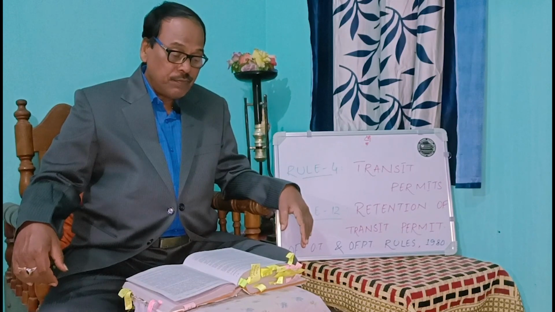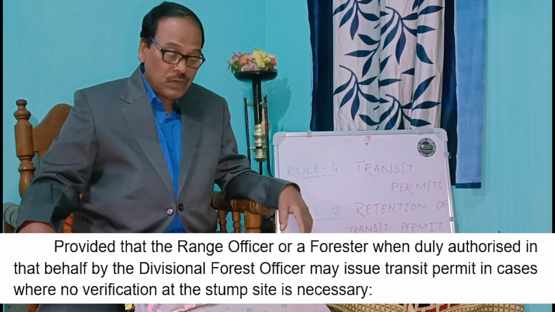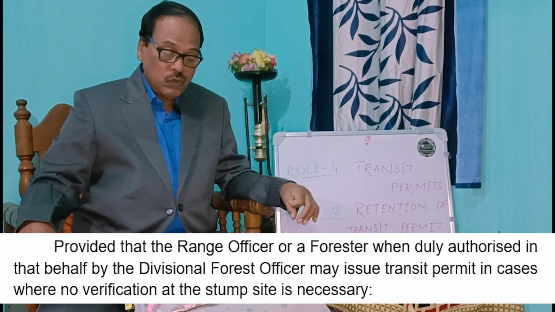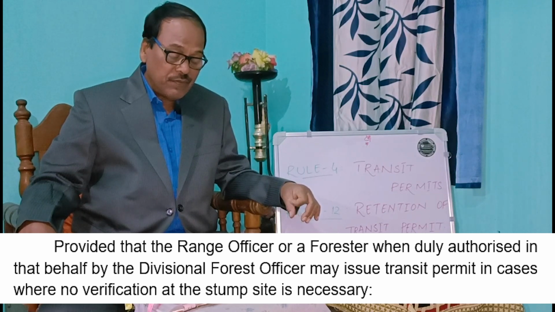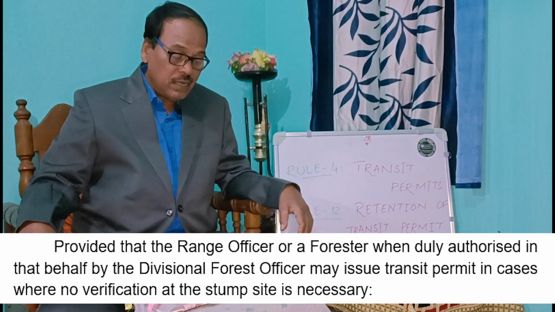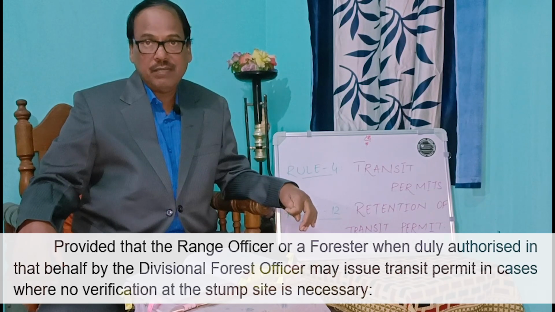It is provided that the range officer or a forester, when duly authorized in that behalf by the Divisional Forest Officer, may issue transit permit in cases where no verification at the top side is necessary.